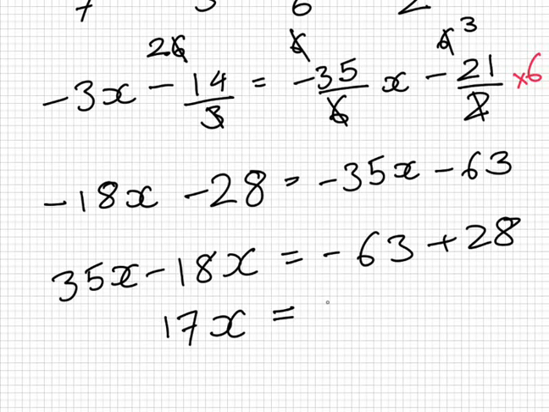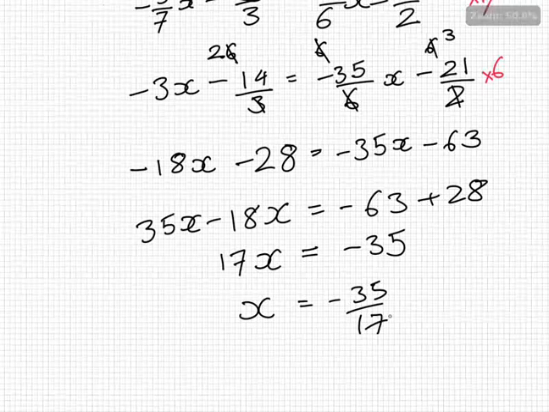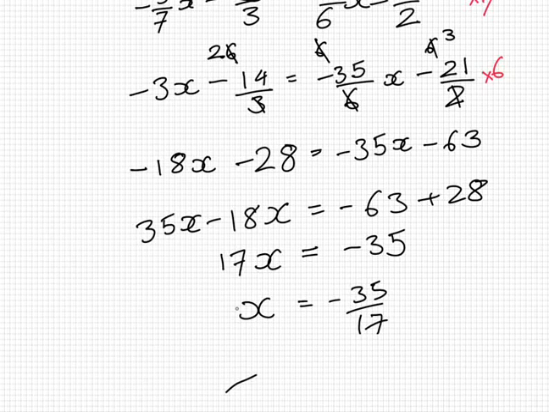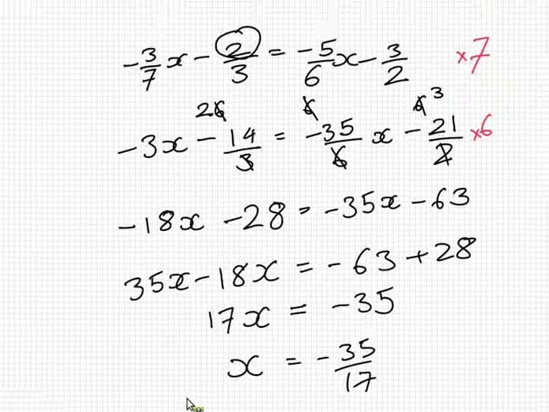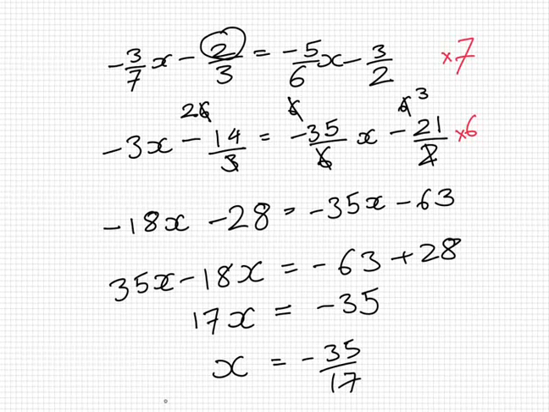Minus 35, yeah. And so our answer is x equals minus 35 over 17. Okay, there you go. So write that down. Now you can see it's a little bit longer, but some people prefer to do it this way.